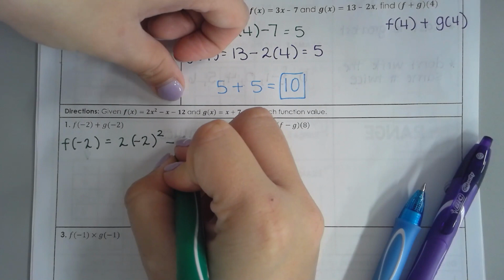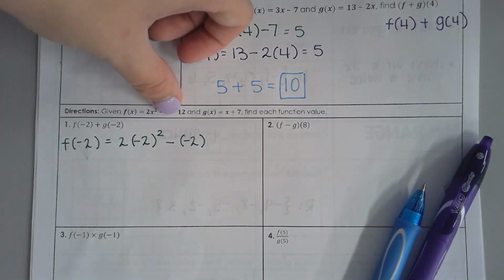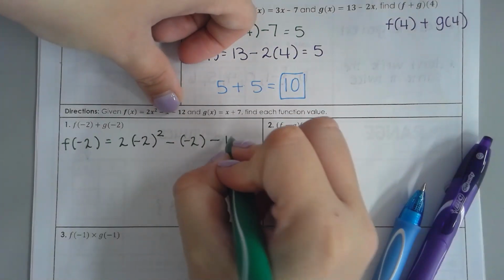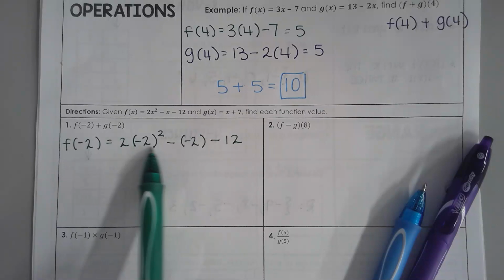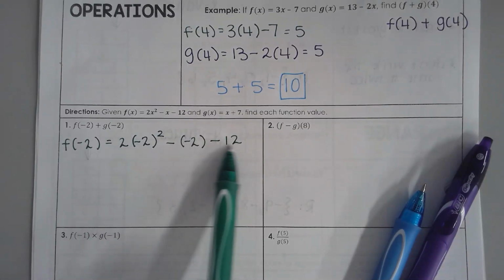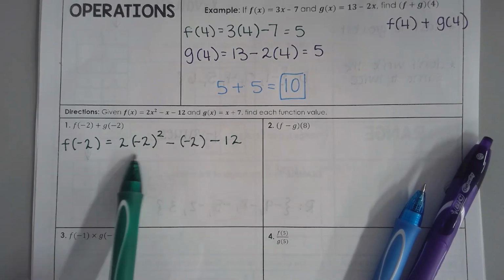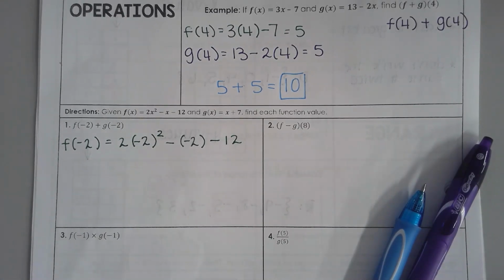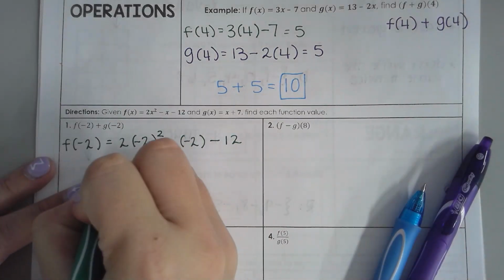Minus, and then negative 2, minus 12. So type this in your calculator just like it's written down. You're typing in what comes after the equals. You should get equals negative 2.